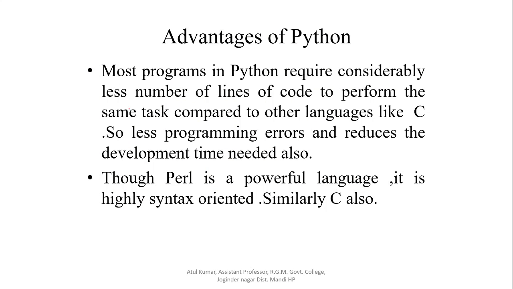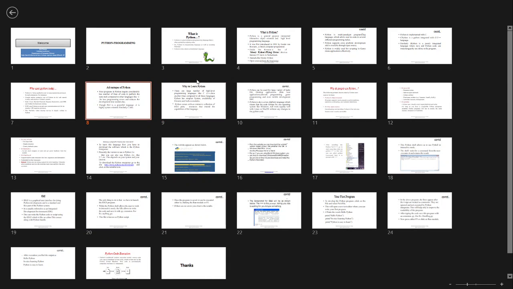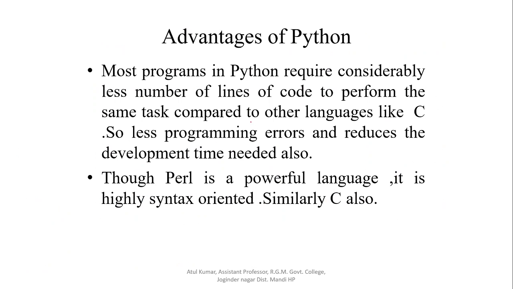So different advantages include that many programs in Python require considerably fewer lines of code to perform the same task compared to other languages like C. So fewer programming errors occur in Python as compared to other programming languages like C, and it reduces development time.